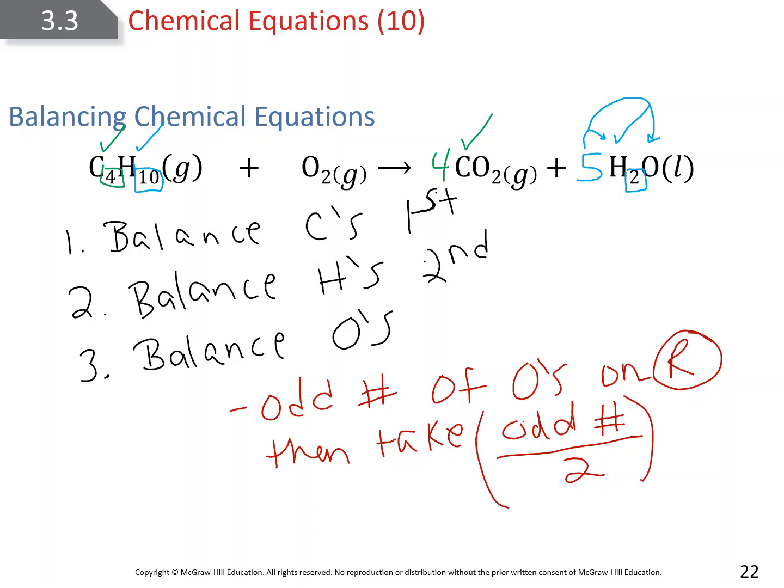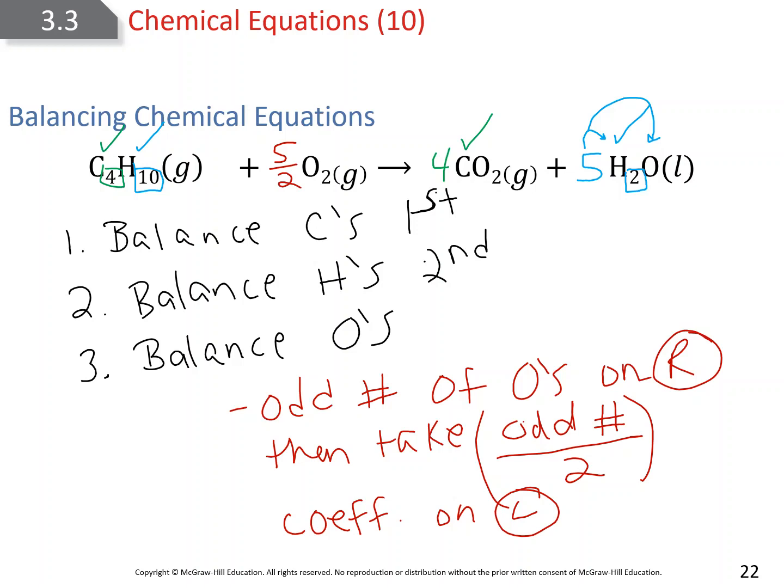So this becomes the coefficient on the left-hand side. Okay, so what do I mean? I have 5 oxygens on the right. That's an odd number. So I'm going to put 5 over 2 as my coefficient in front of my O2.